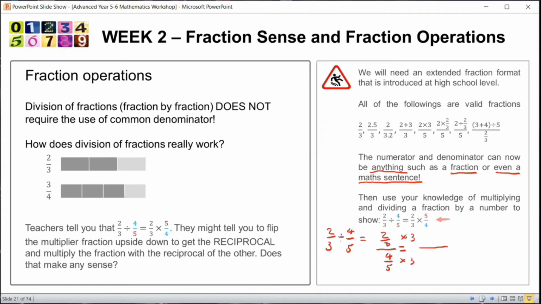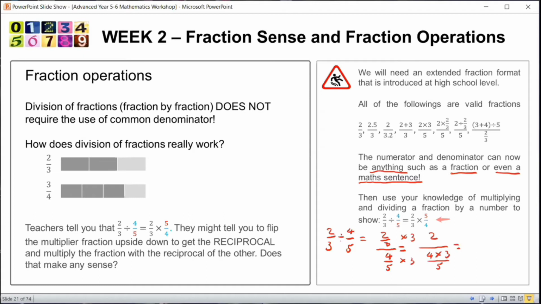So here we have 2/3 times 3, so we end up with only 2 and nothing. Only 2 there. And now down here we have 4 times 3 over 5. There we are. So that's the first step.